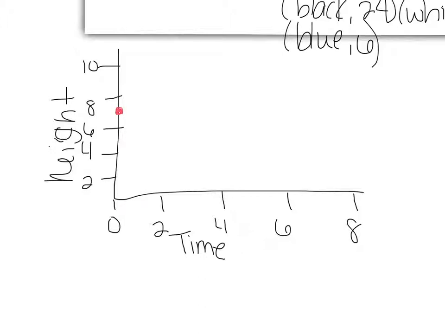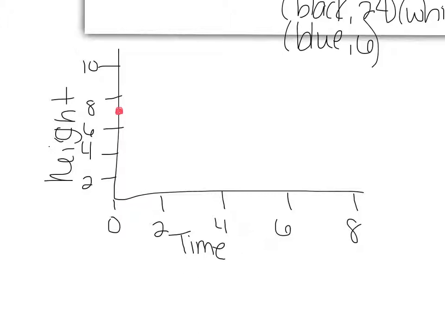If I gave you that table and told you to make me a graph, you would probably do this anyway. Because my first value was 0, 7.